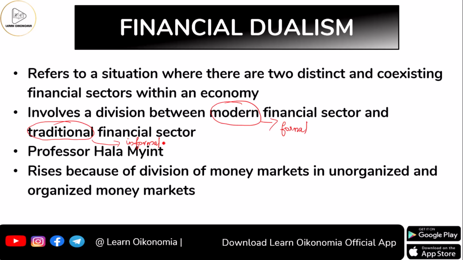So this is the difference. You will have a formal modern financial sector which would be very well organized. Coming to the traditional informal sector, this will be something unorganized. So this is how you find the difference between these two sectors that we have in the economy.